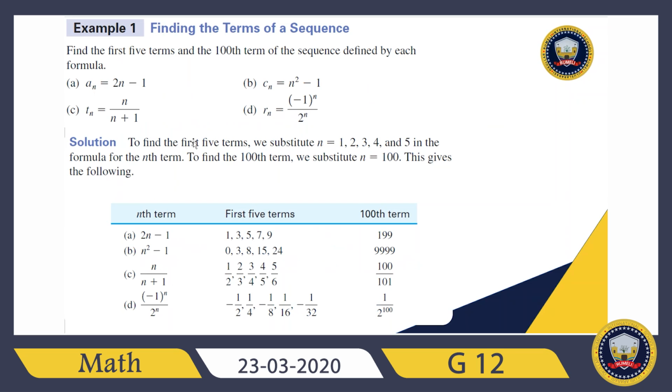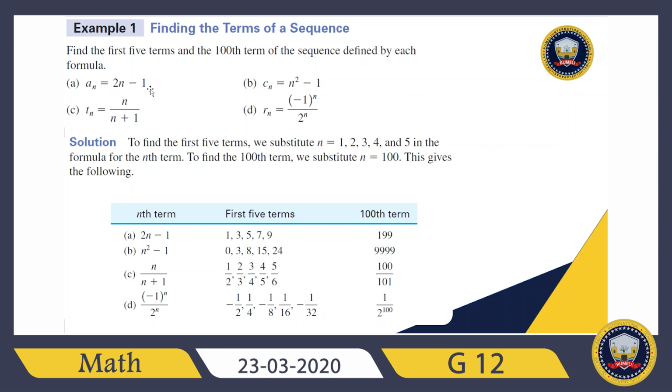Let's take another example. In this question he is saying: find the first 5 terms and the 100th term of the sequence defined by each one of these formulas. Let's take A as an example. In this case, an equals 2n minus 1.